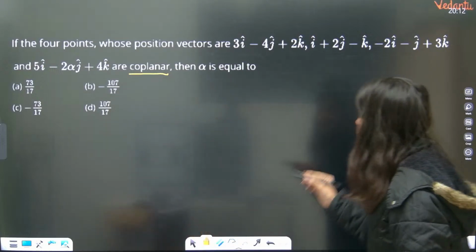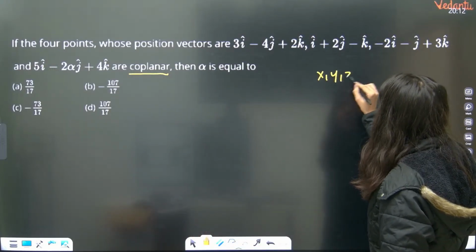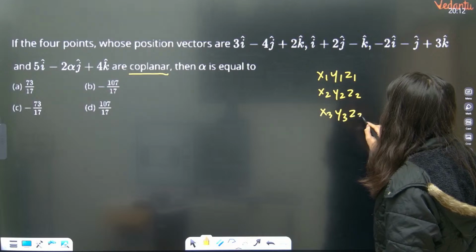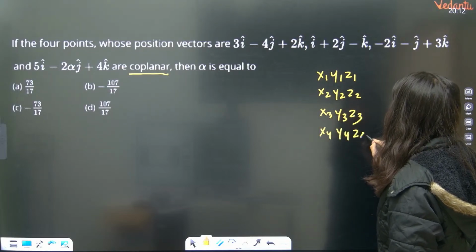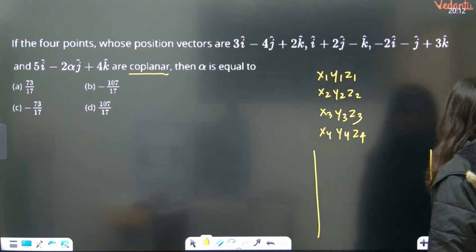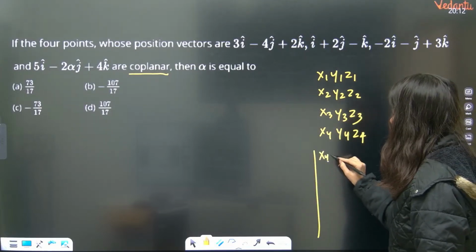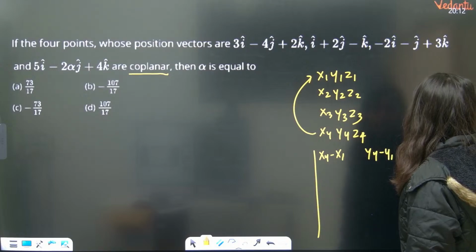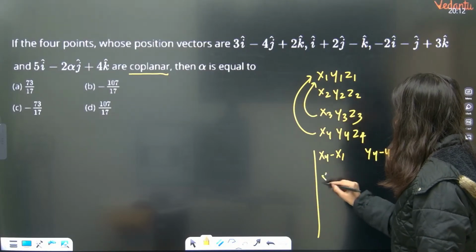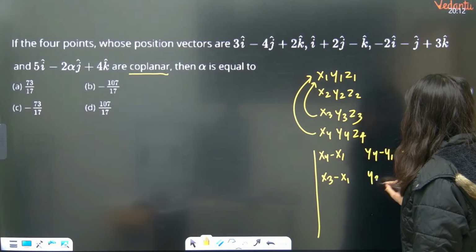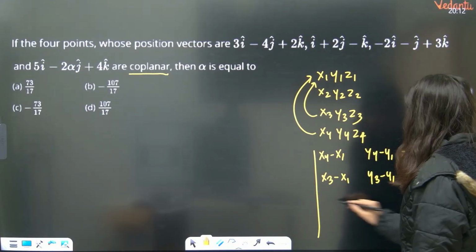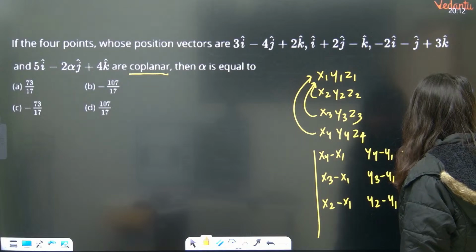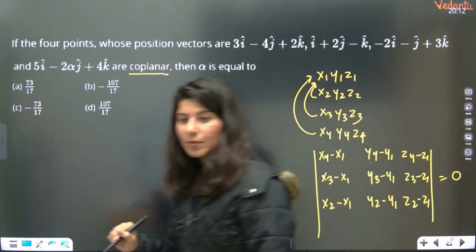Let me tell you the formula when 4 points x1, y1, z1, x2, y2, z2, x3, y3, z3 and x4, y4, z4 are coplanar: this determinant is 0, which is x4 minus x1, y4 minus y1, z4 minus z1, x3 minus x1, y3 minus y1, z3 minus z1, x2 minus x1, y2 minus y1, z2 minus z1 equals 0. This is the formula.